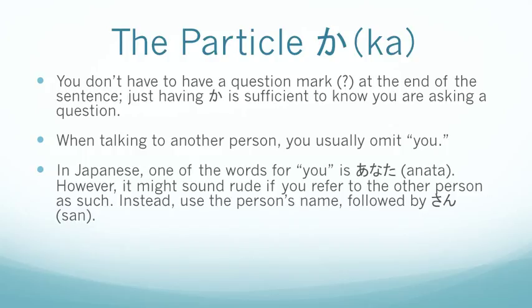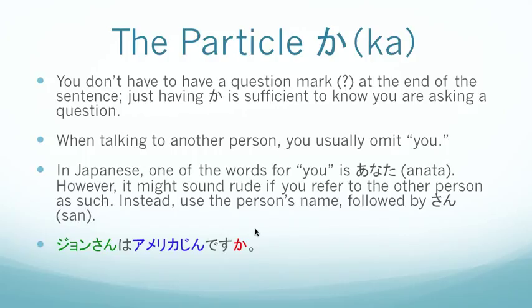It's kind of like saying Mr. Whoever the person's name. For example, if you're talking to John and you ask him, are you American? Then you could just say, アメリカ人ですか? Because by the context, it's implied you are talking to him, so you don't really have to say you or say his name.